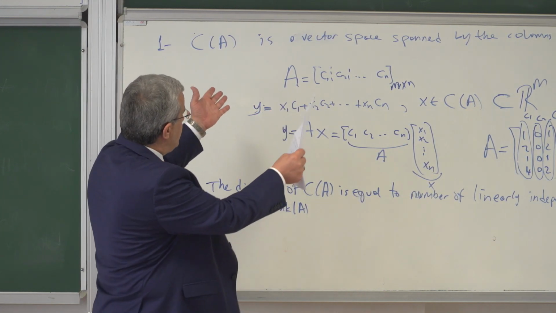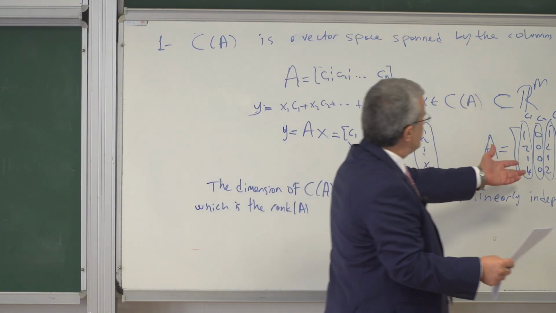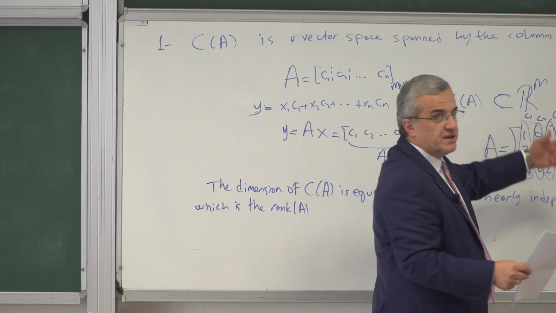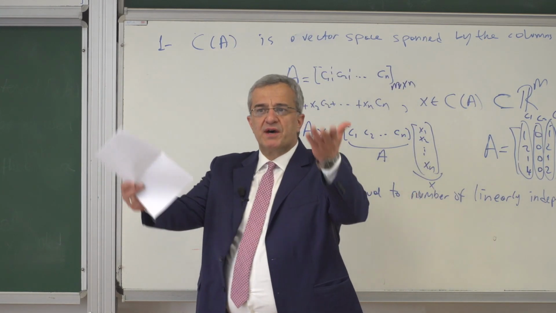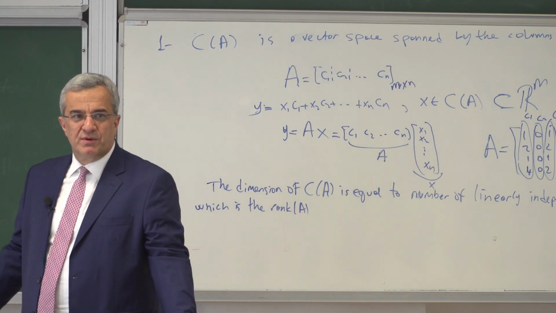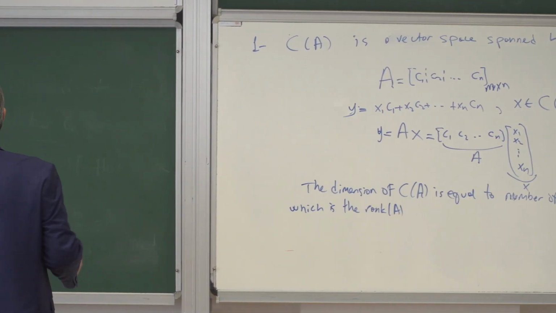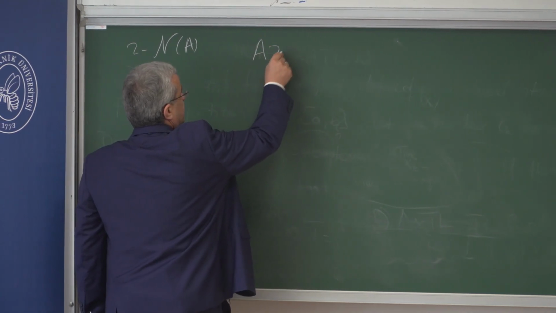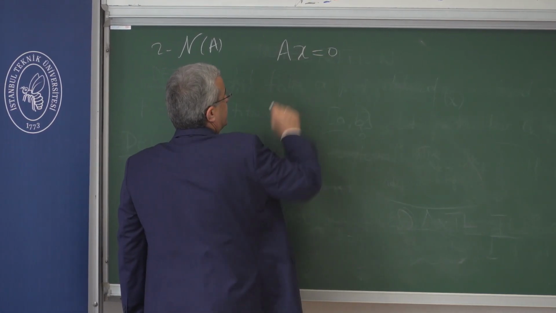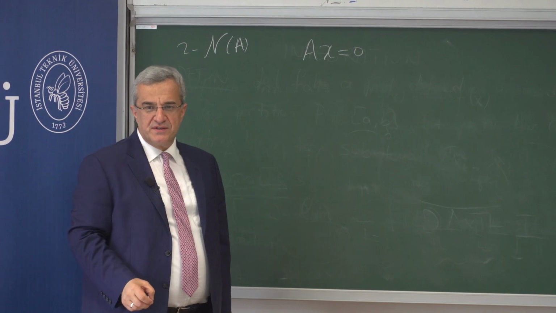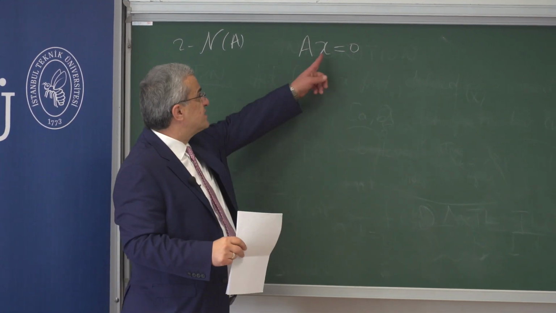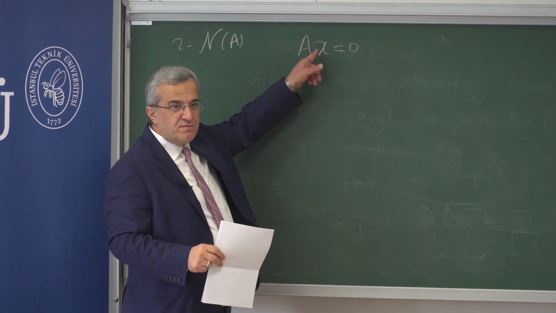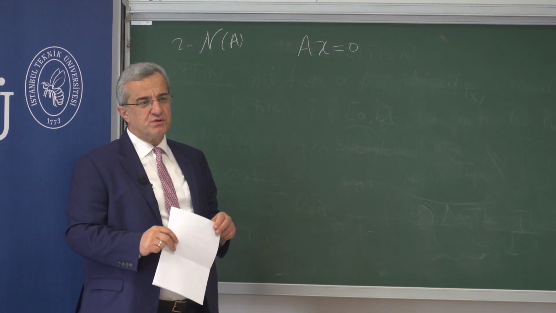When we look at A and the columns are there, we say, okay, these guys get together and they span the subspace. But when we talk about null space, as you know, it is defined as the vectors X that satisfy this. When you multiply A with them, the result is equal to 0, okay?